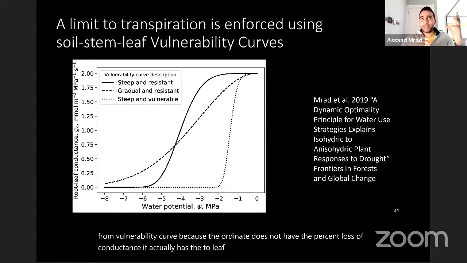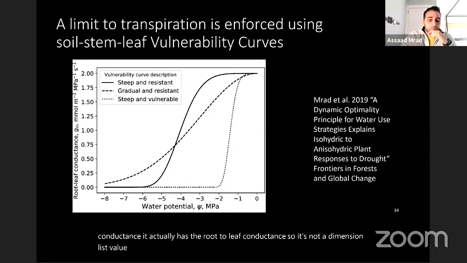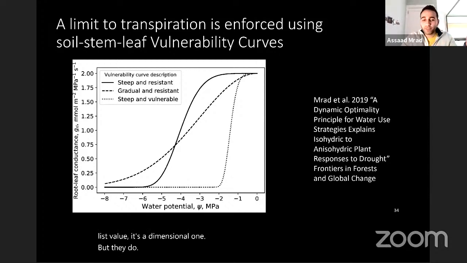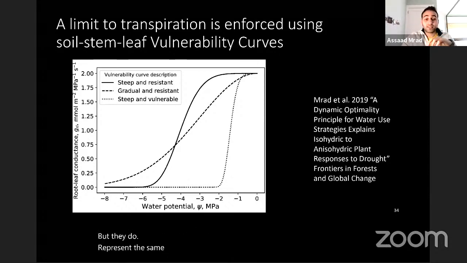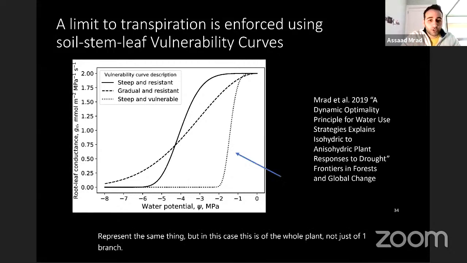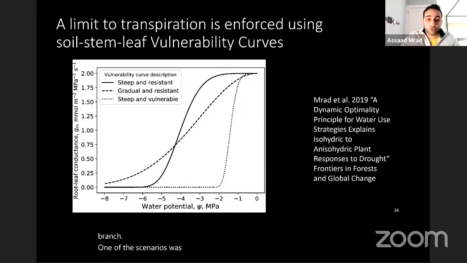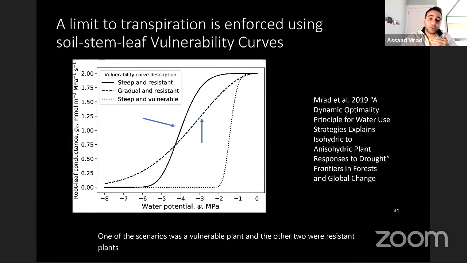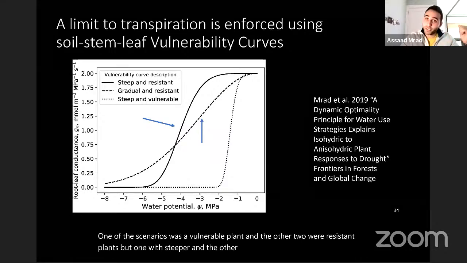So it's not a dimensionless value. It's a dimensional one. But they do represent the same thing. But in this case, this is of the whole plant, not just of one branch. One of the scenarios was a vulnerable plant, and the other two were resistant plants, but one with a steeper and the other more gradual vulnerability curve.